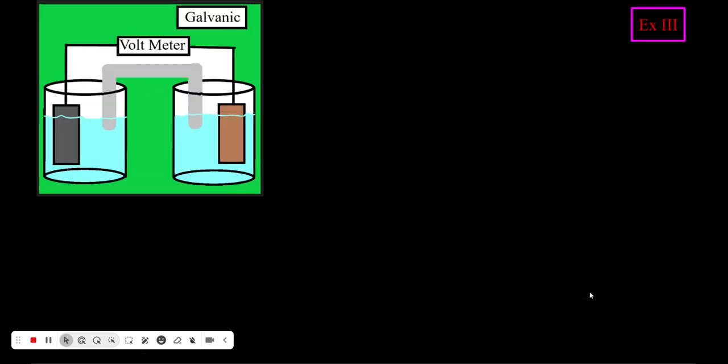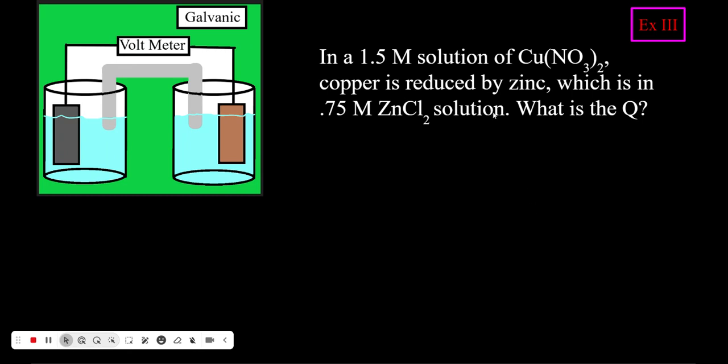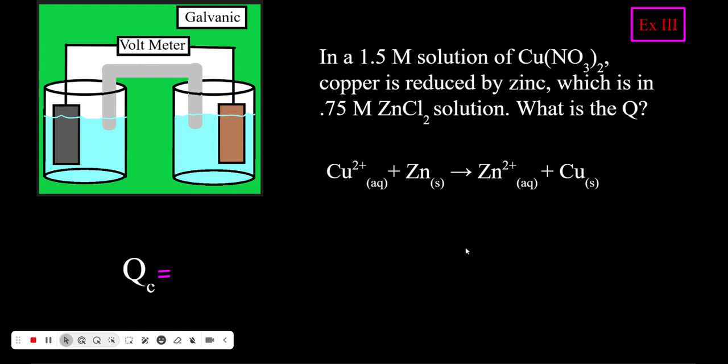Now, this is an electrochemical galvanic cell, like a battery. Here I've given this thing. Here are my concentrations. Here's my equation. Now, the Q is only going to be between the things that are aqueous, so the concentration of copper ion and zinc ion.